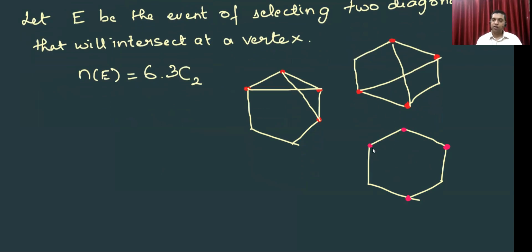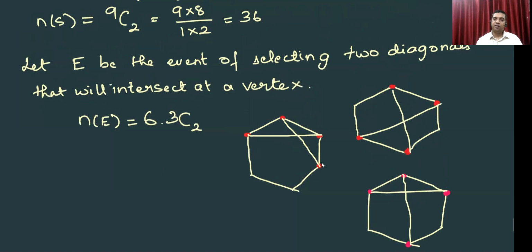So here the only possible way is these two and these two. So when we select 4, there's only one way in which they intersect. So select any 4 vertices to get one way.